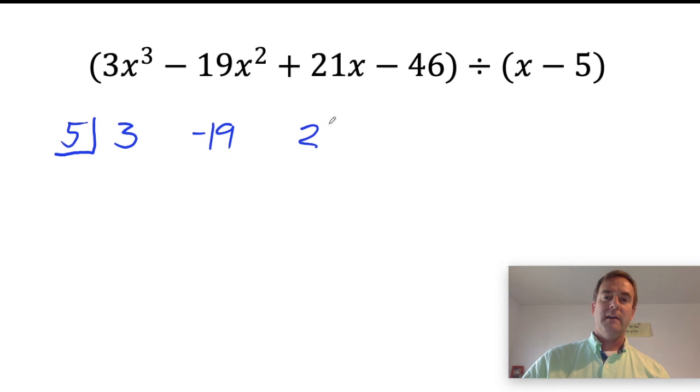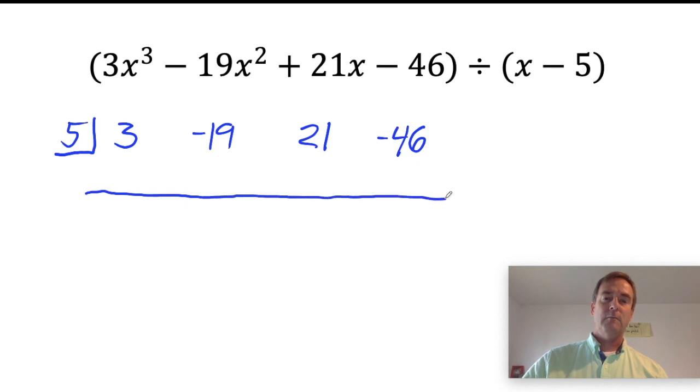The 21 in front of x goes next. And the negative 46, which is the x to the 0 term, goes last. There's our divisor and the thing we're dividing from, the dividend. Next, for synthetic division, we're going to draw a great big long bar with a space between the first numbers and the bar. That gives us room to work in.